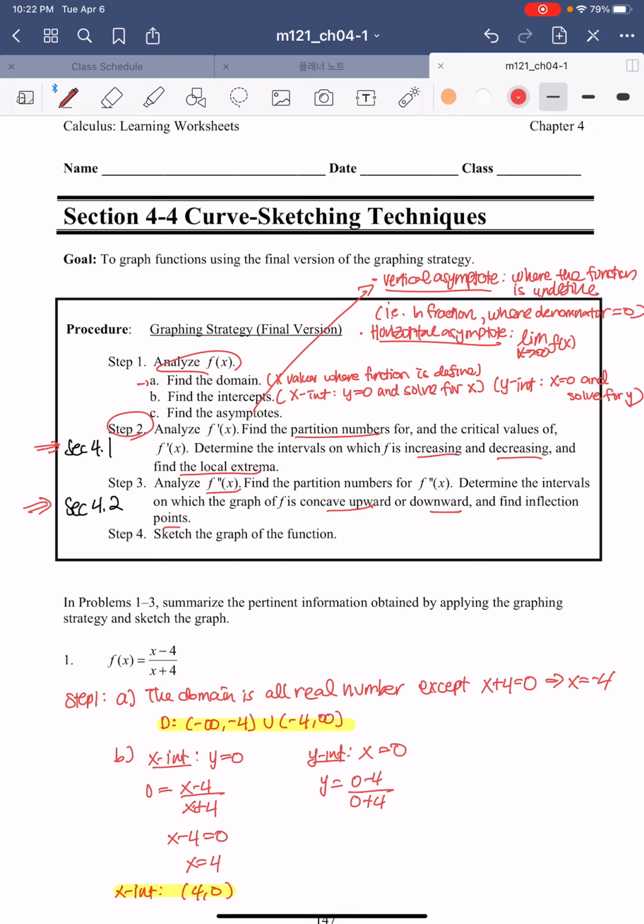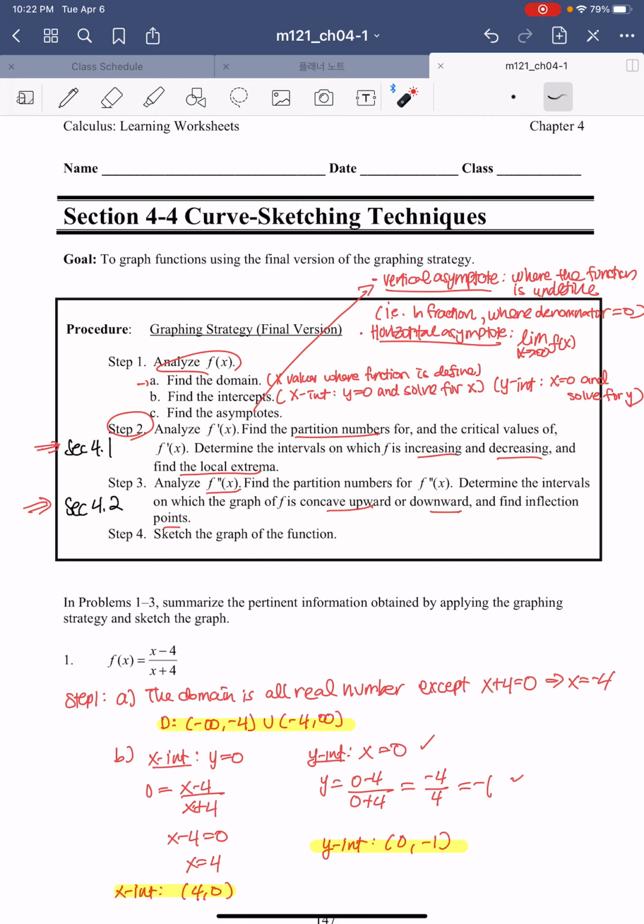This is equal to negative 4 over positive 4, which is negative 1. Therefore, we do have a y-intercept. It occurs at (0, negative 1). The y value is negative 1. Keep in mind, part C is to find the asymptotes: the vertical asymptote is where the function is undefined, and the horizontal asymptote comes from the limit as x approaches infinity.